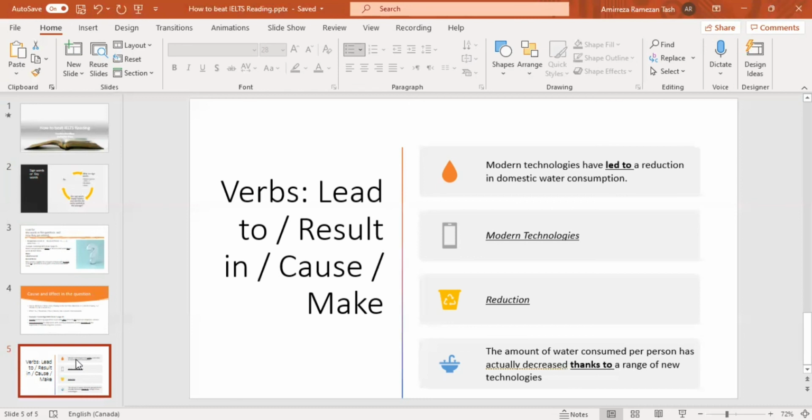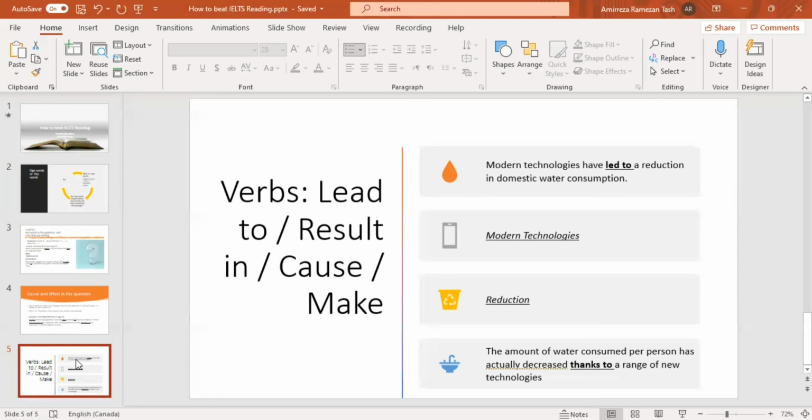So modern technologies and reduction. And what we find in the text or passage is, "The amount of water consumed per person has actually decreased thanks to a range of new technologies." So we found amount of water consumption decreased.